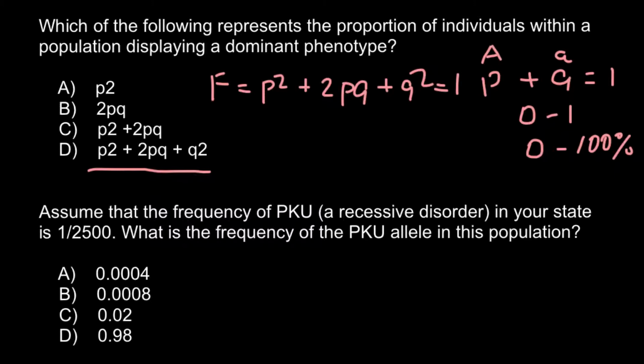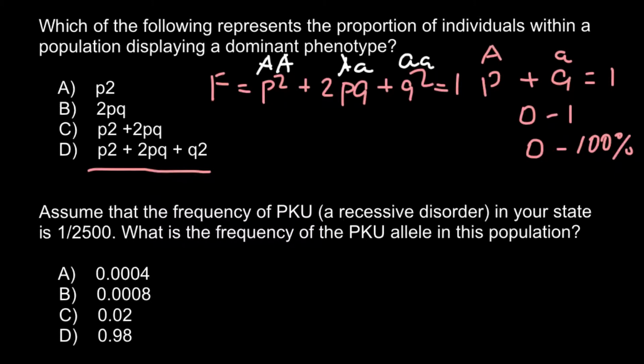As you remember, 1 equals 100%. So here we have 3 genotypes. p squared stands for the homozygous dominant genotype, 2pq stands for the heterozygous genotype, and q squared stands for the homozygous recessive genotype.